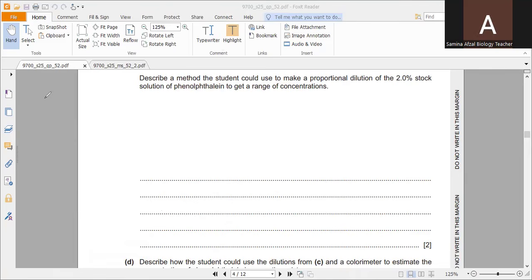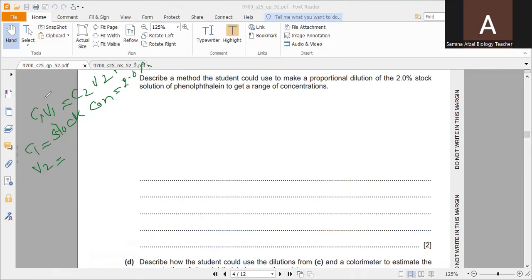For this purpose, we will make use of the formula C1V1 is equal to C2V2, where C1 is the stock concentration, which is 2.0% already given to us.